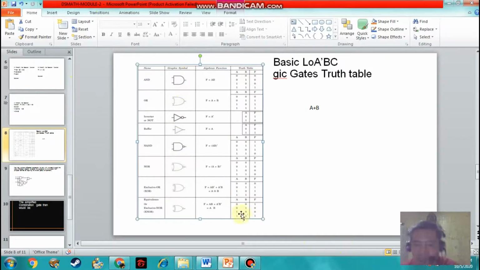So, eksakto isang 1 ng combination, 0, 1. 1, 0. Otherwise, 0. Exclusive NOR naman, kabaliktaran nito. So, 1, 0, 0, 1.